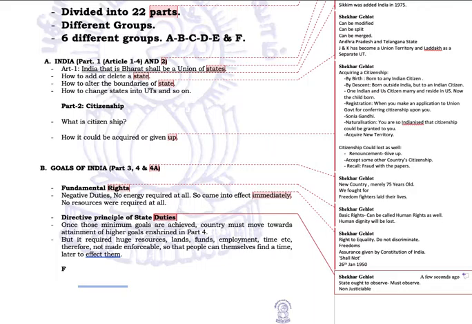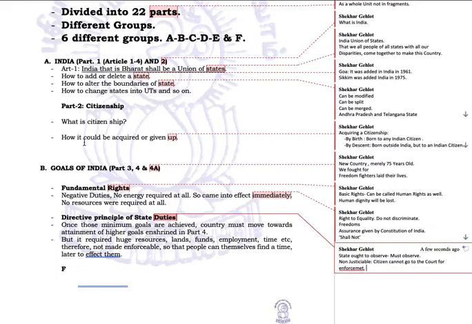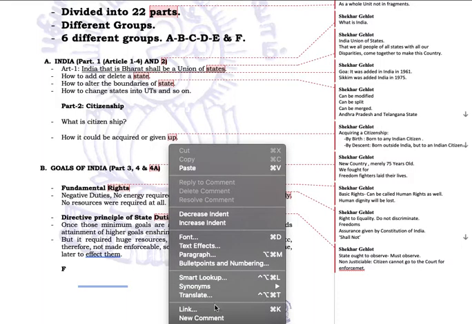Non-justiciable means something for which you cannot go to the court. A citizen cannot go to the court for enforcement. And fundamental rights are justiciable.